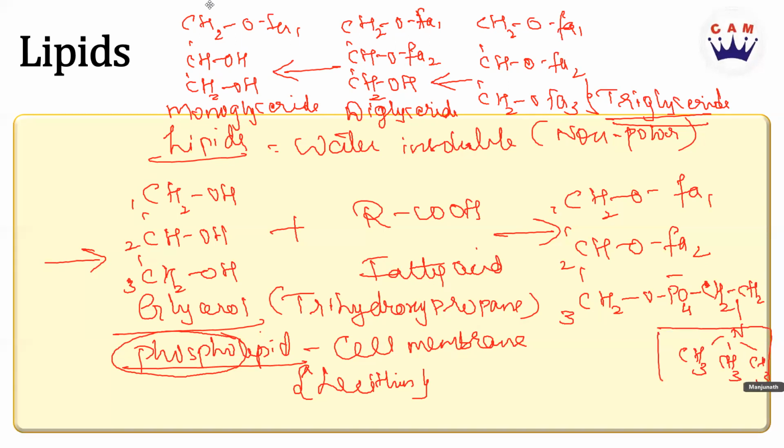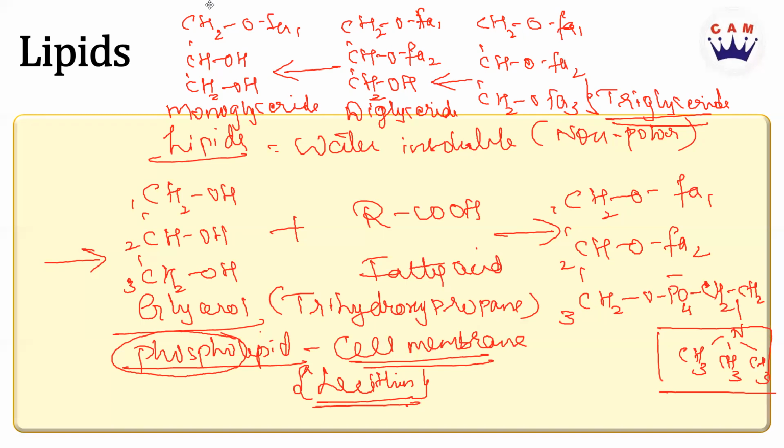When you have such a functional group, such phospholipids are called as what? Lecithin. And these phospholipids, you find in the cell membrane of mitochondria, nucleus, including cell envelope, plasma membrane.